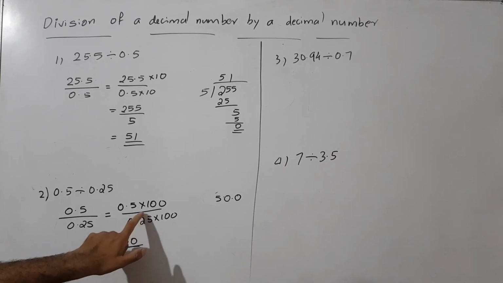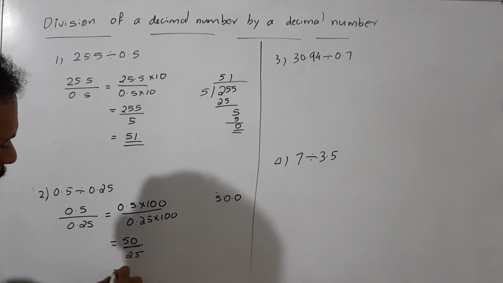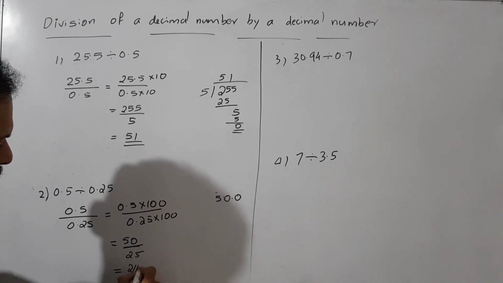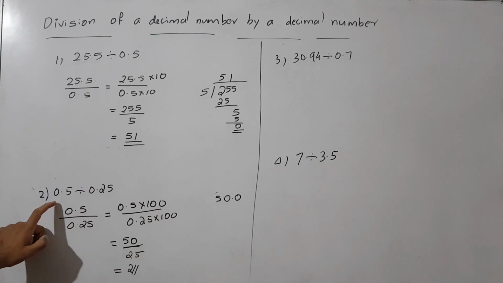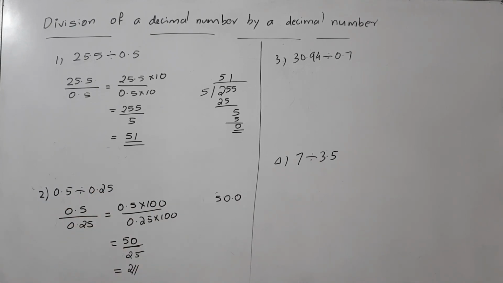Then what do you get? 25.0. What is 0.25? That is 25. So 50 divided by 25, we know the answer directly. What is that? 2. So what is the answer of 0.5 divided by 0.25? That one is 2. Clear?